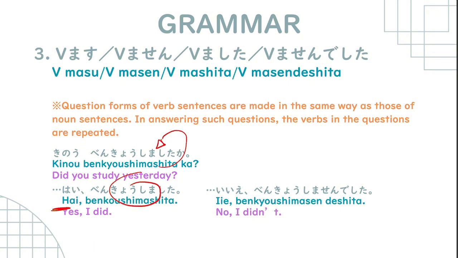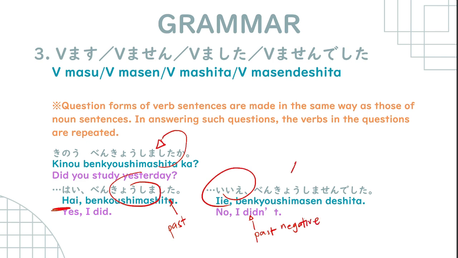So since the question was 昨日, yesterday, 勉強しましたか? You have to match the tense of the verb, which is past, okay? If it's いいえ, if it's no, then you also have to use past, but then you make it negative.